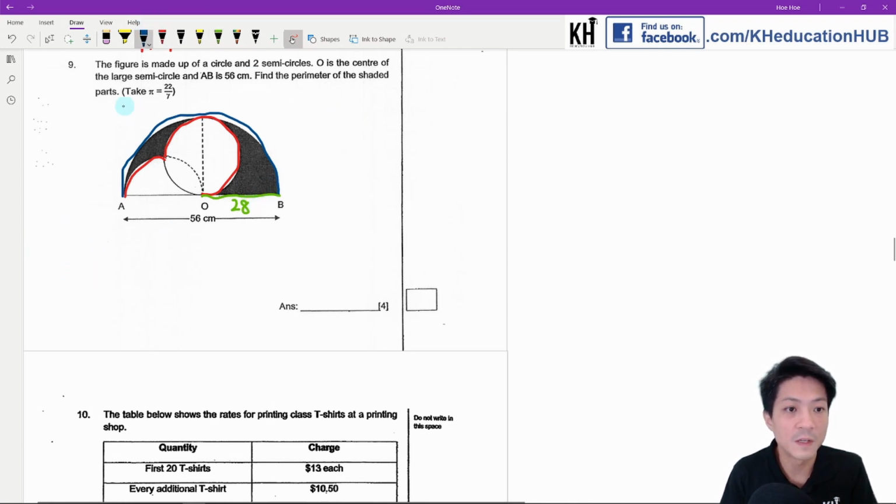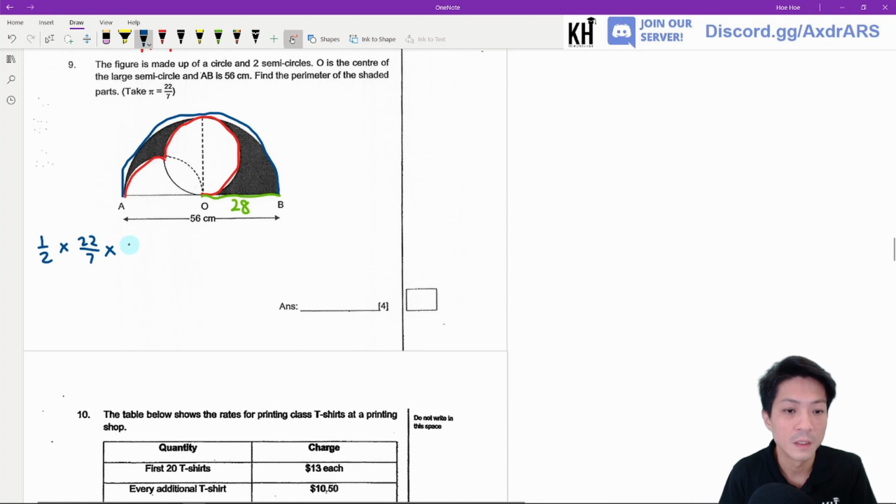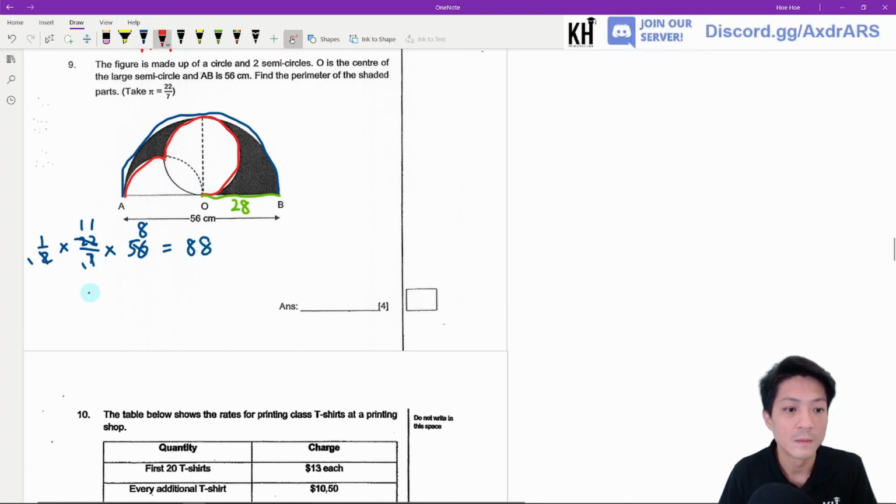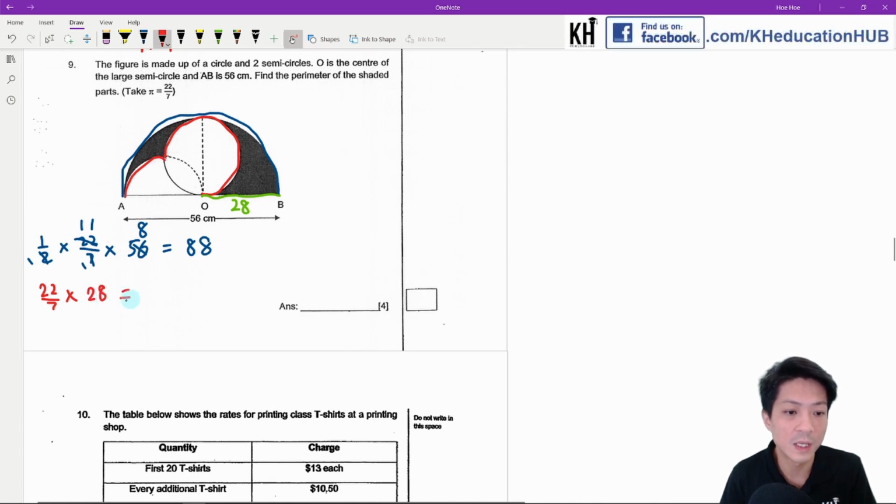So the first thing I'm gonna find is the blue semicircle. It'll be half times pi times d. Okay, do some reducing. And it's gonna give you 88. Next, I'm gonna find the small full circle, which will be 22/7 multiplied by, the diameter is 28.